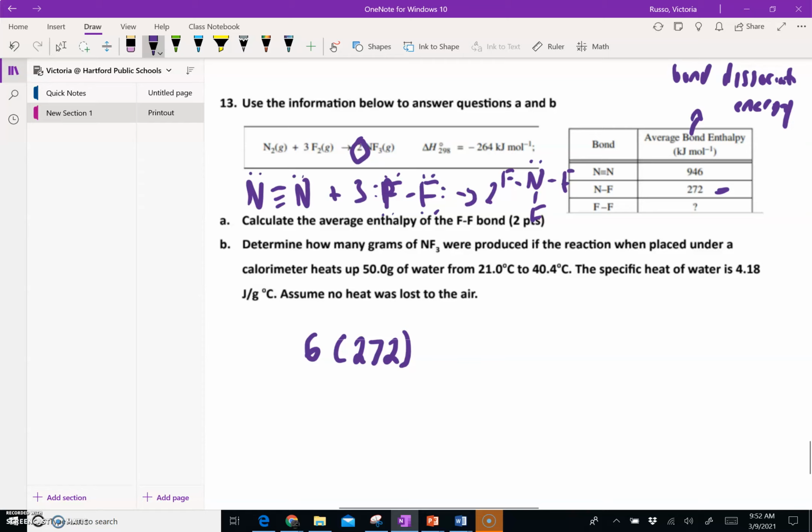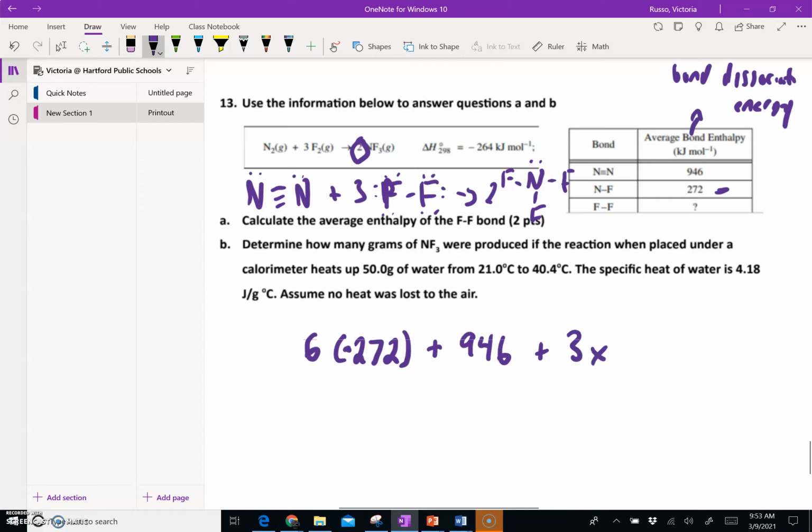Now, this value is going to be negative, and the reason is that it's in the products. Plus, there's 1 N triple bond, which is 946. We don't know the value of the F bond, but whatever it was, it would be multiplied by 3 because there's a 3 here.